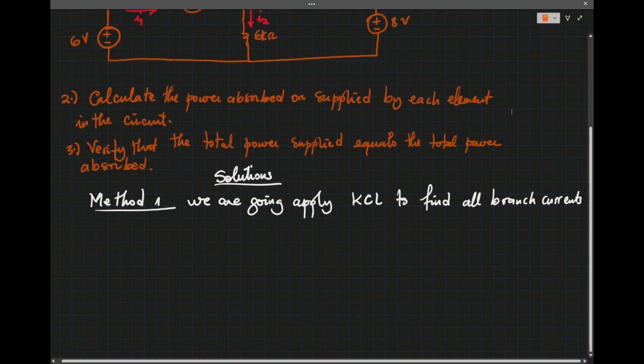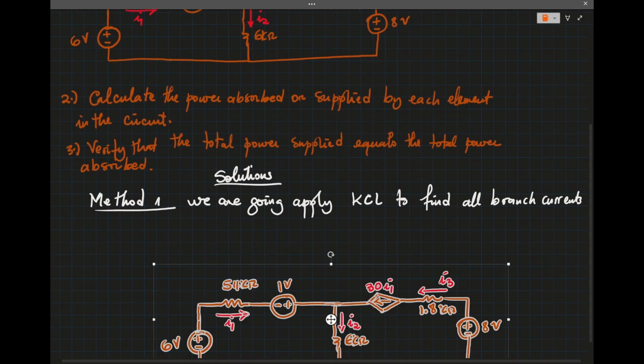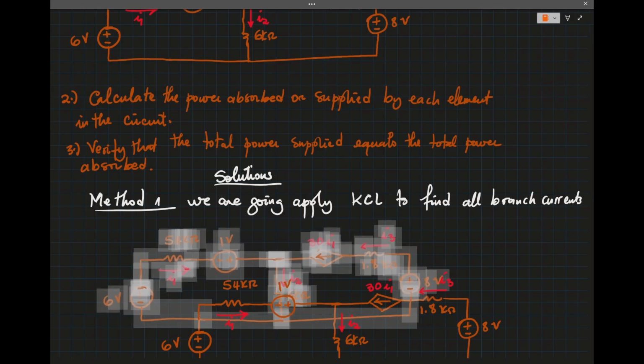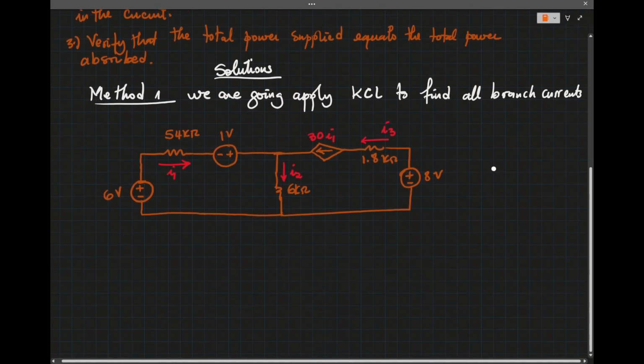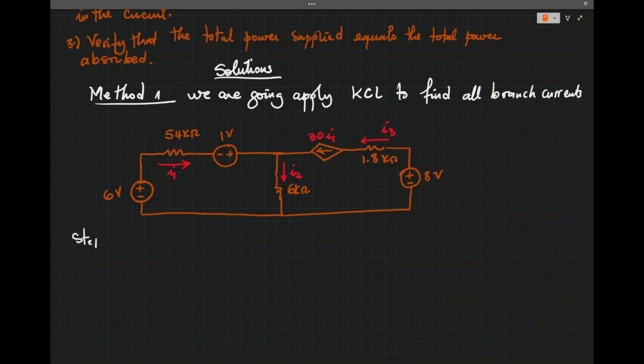Okay, so I'm going to paste the circuit down here, and now to apply KCL, step one, we are going to find and label essential nodes.